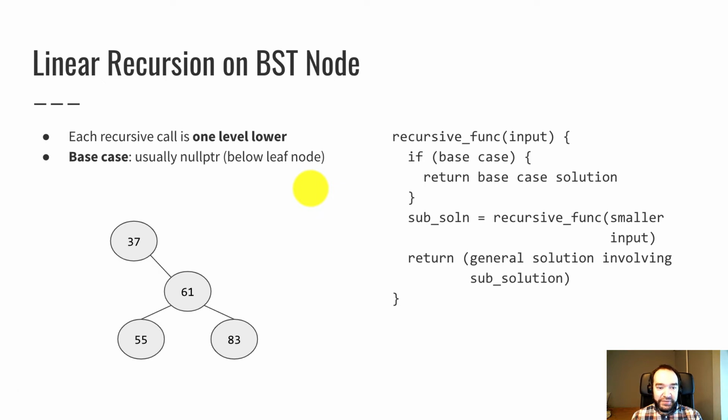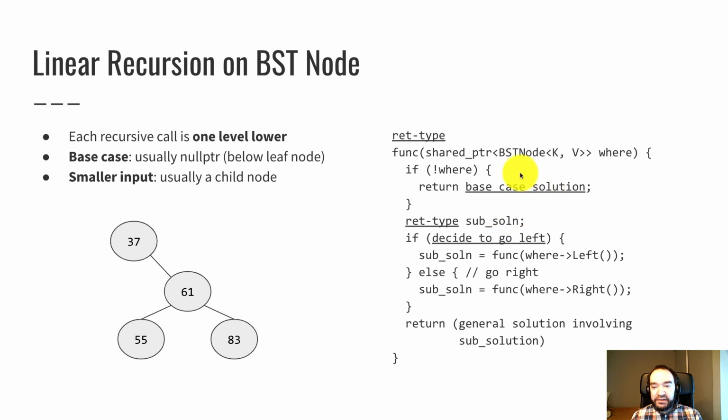You have nothing at all. Ordinarily, the base case is if the pointer to a node we're given is null, that means we've reached the null pointers below the leaf nodes, then we return some kind of base case solution. And the smaller input is usually a child node. It's usually either the left child or the right child, and some kind of decision making has to happen to decide which of the 2 to follow.